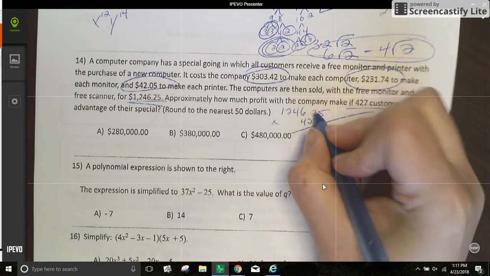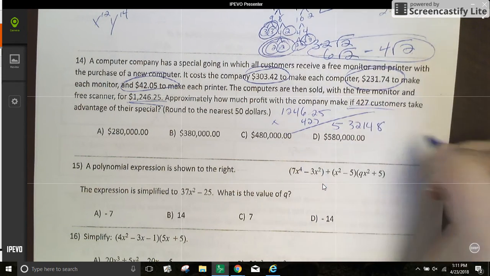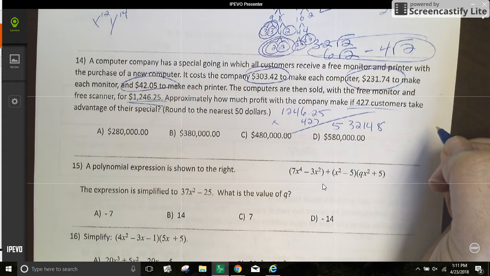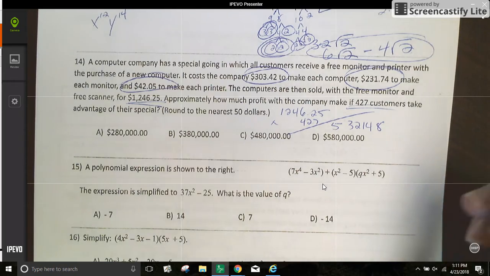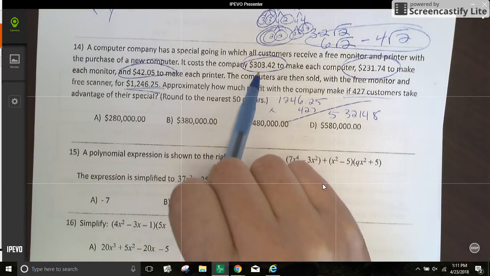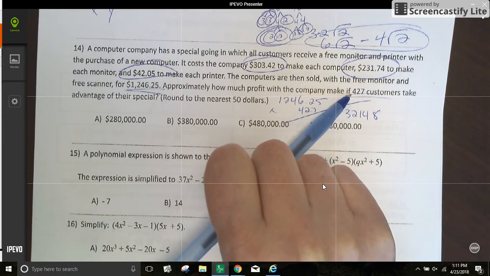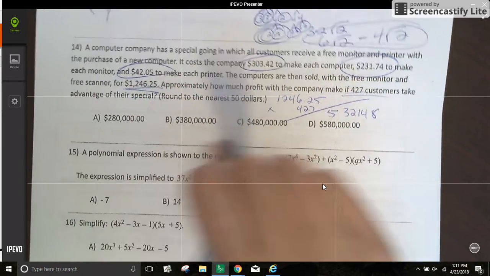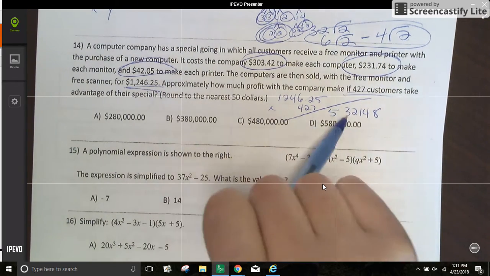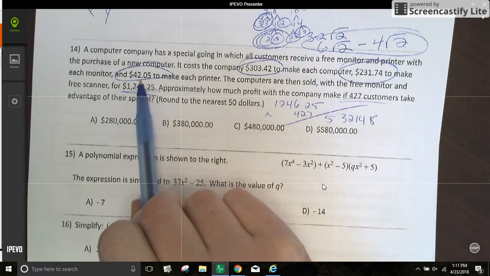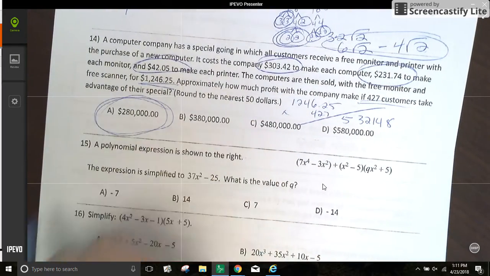So if they sell this many at this price, they're making 532,148. And then to make it, you would do 303 plus 231 plus 42 and then multiply by 427. So add these all together, multiply by 427, then subtract. So this is how much they make, this is how much it cost, and you should get around 280,000.